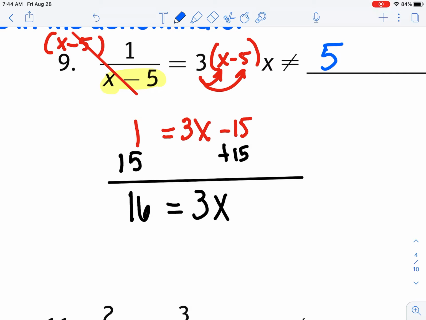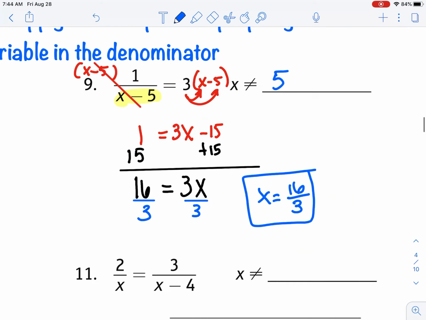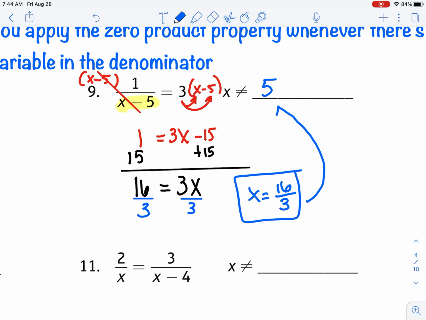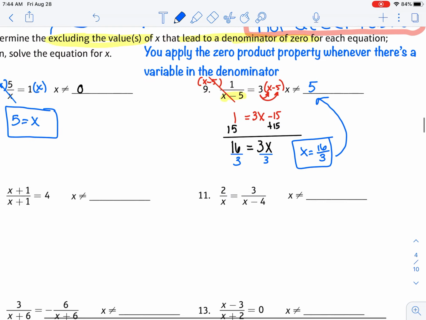And now we're going to divide both sides by 3. So we get x equals 16 all over 3. Now, just remember, get in the habit to make sure that your solution is not an excluded value, because if that happens, then there's no solution.